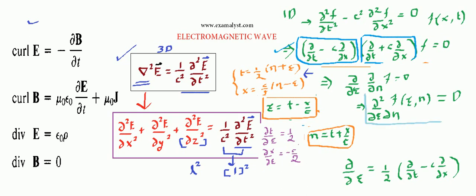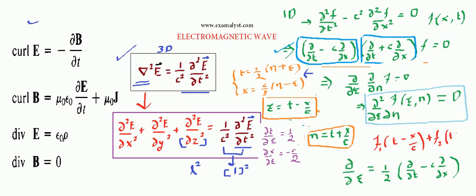So all I have done is I have just made a change in variable. This change in variable was so crucial that it gave us a hint that the f that I am taking will be a function of eta. That is, it will be a function of t minus x by c. So f can be either a function of t minus x by c, or f can also be a function of t plus x by c.